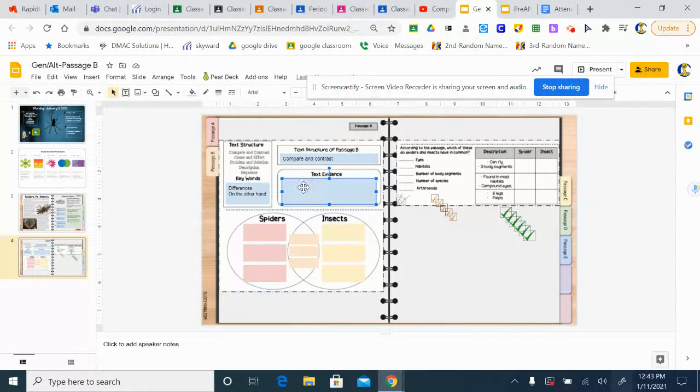Okay, so again, text evidence would be similar to what you see here. Again, you see a lot of words. You see the word differences over and over again in the passage. You see, on the other hand, also being used in the passage as text evidence that it is comparing and contrasting.